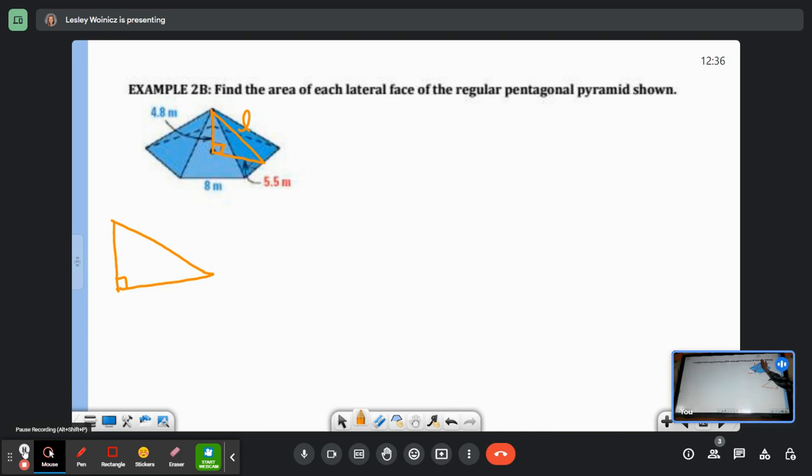The height of this pyramid is also the height of my triangle, this 4.8. You can see the apothem of the base. Everybody see the base? The apothem goes from the center to the center of the side. That's 5.5. And what I don't know is my slant height.